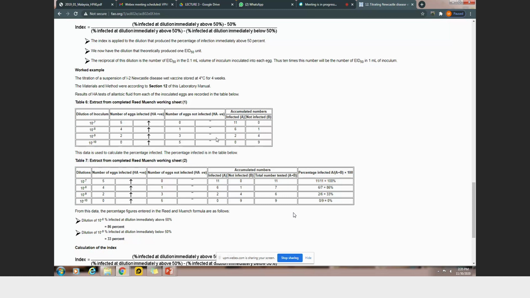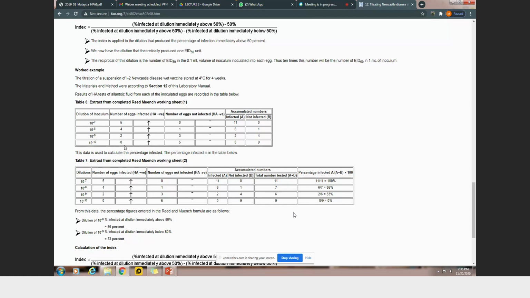Here, to get the accumulated numbers of infected, you need to do it ascendingly from the least dilution, adding these positive numbers cumulatively.